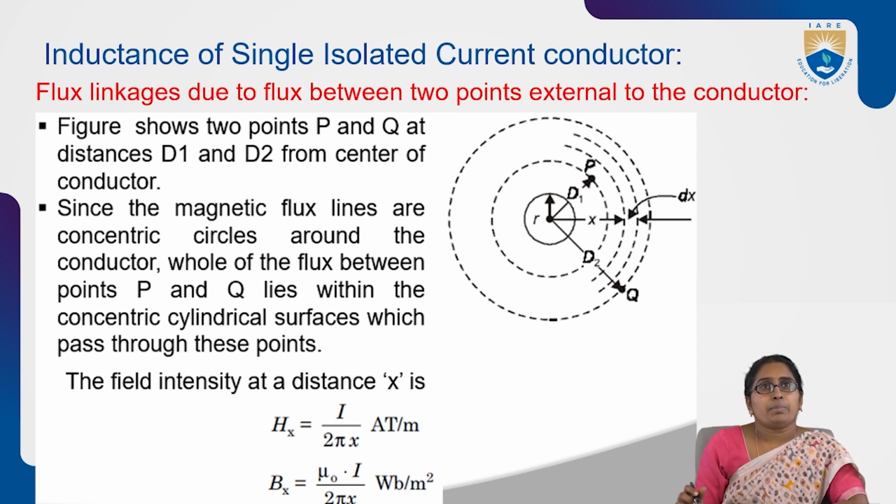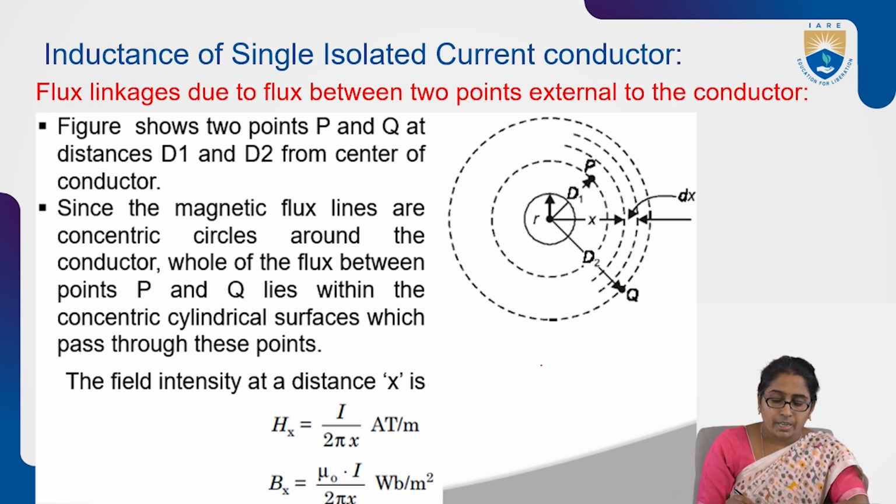Yesterday I explained. If we recall, the expression for the internal flux linkages psi is mu naught I by 8 pi. In my previous lecture, I explained the derivation of internal flux linkages.